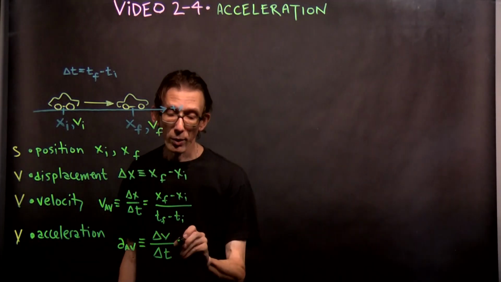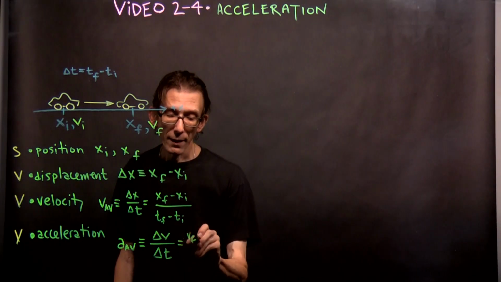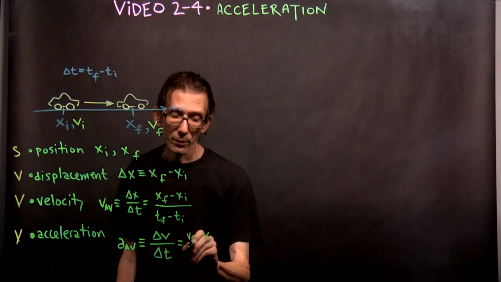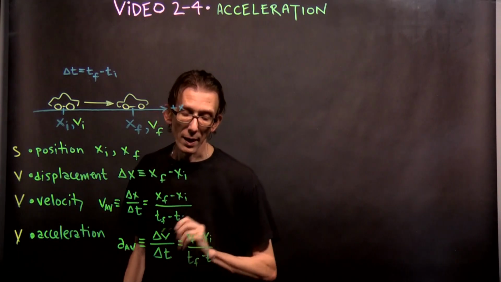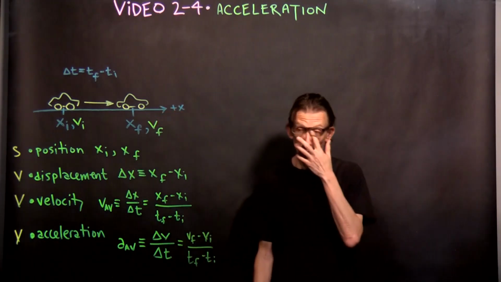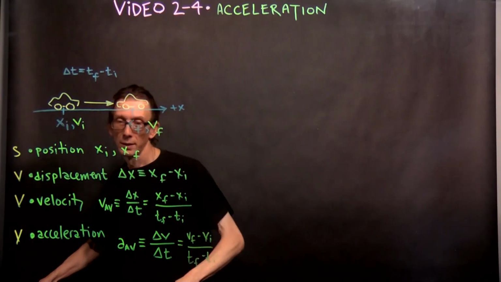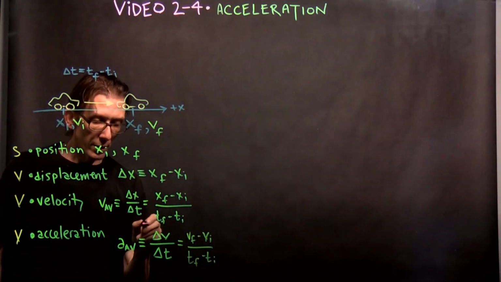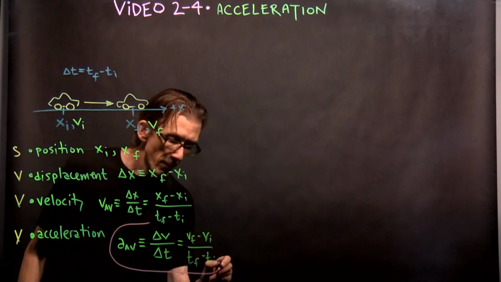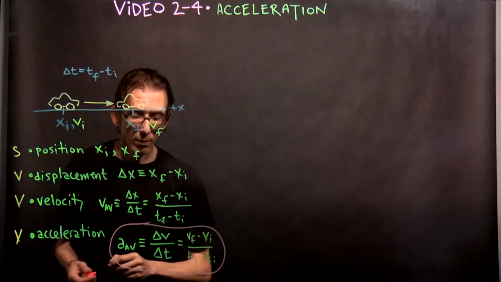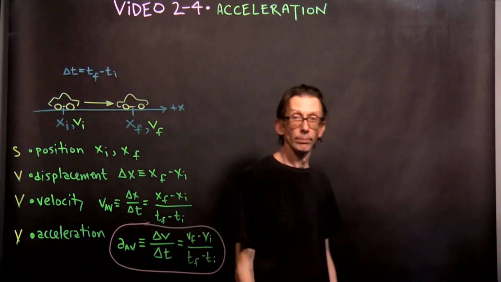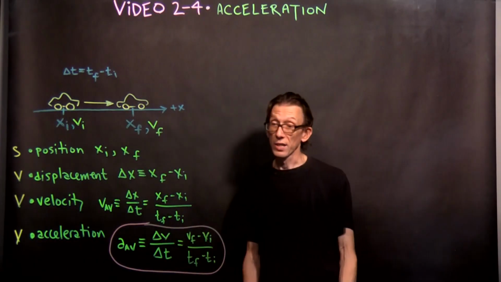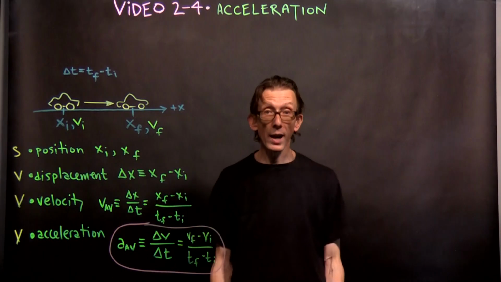We can unpack this further. Vf minus Vi divided by Tf minus Ti. So that is the new big deal for this lecture, right there in the pink circle. The definition of acceleration as a change in velocity over time.